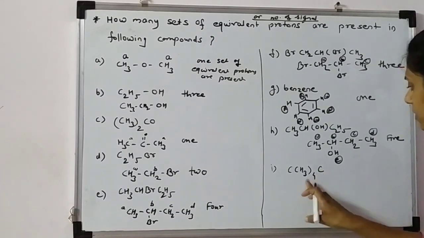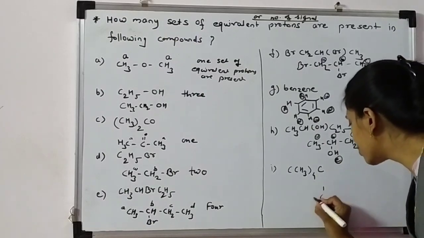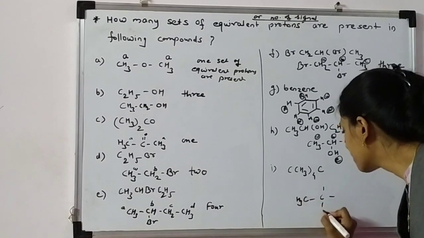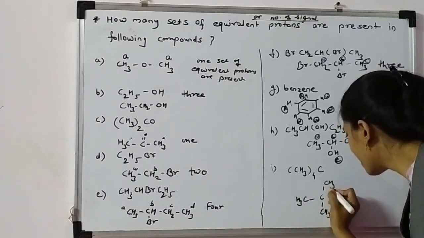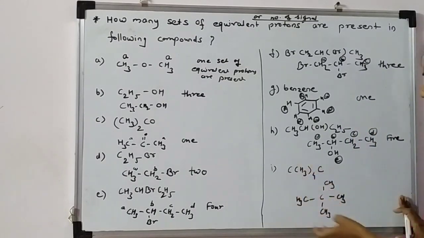Here CH3 is taken, that means a carbon attached to 4 methyl groups. Looking at the environment of all the protons, each methyl group is attached to the same carbon.